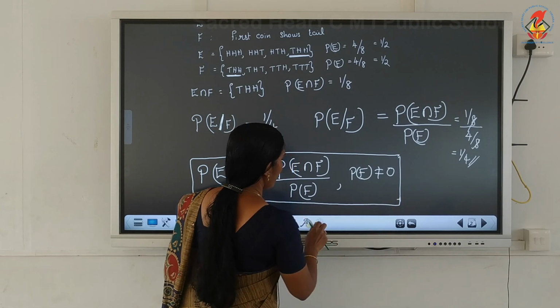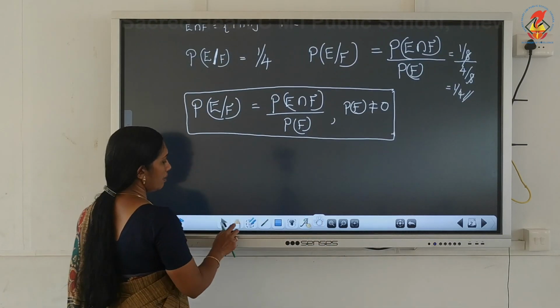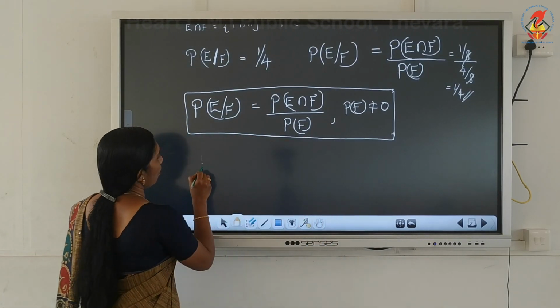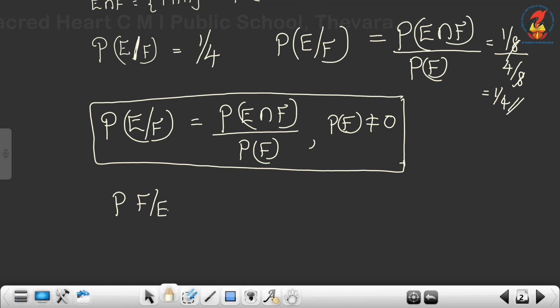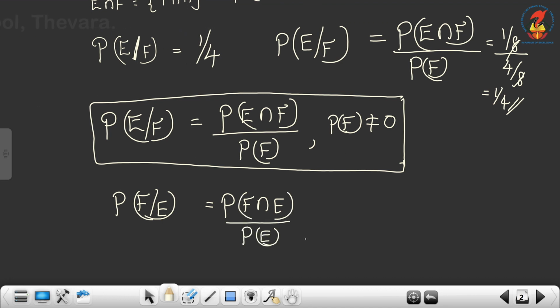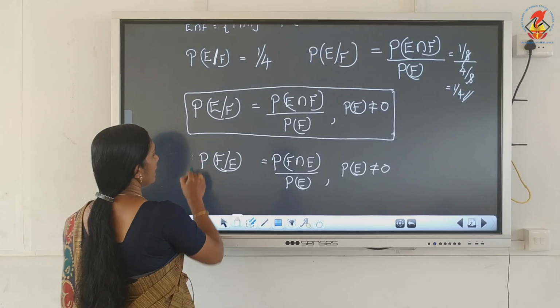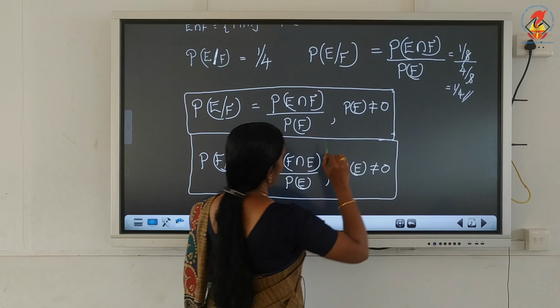Then the same way we can write F given E. P of F given E. What is P of F given E? P of F intersection E by P of E, provided P of E cannot be 0. And F intersection E and E intersection F both are same. Okay. So this is conditional probability.